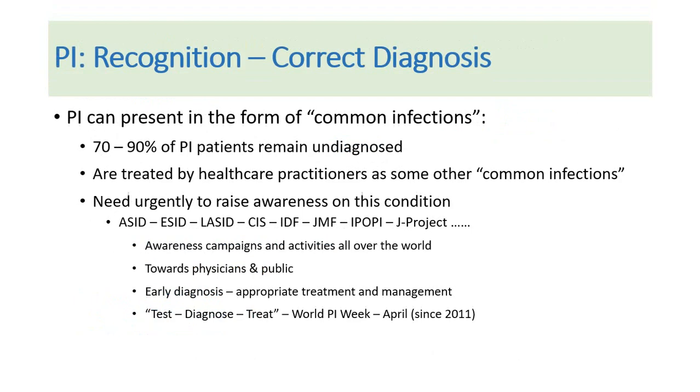Early recognition of primary immune deficiency and the correct diagnosis is of utmost importance. Many patients go on undiagnosed for quite a length of time. They become sick, they take an antibiotic, they are cured, and they become sick again, they take an antibiotic, and they heal, and it takes long years before starting to realize that really something is wrong.